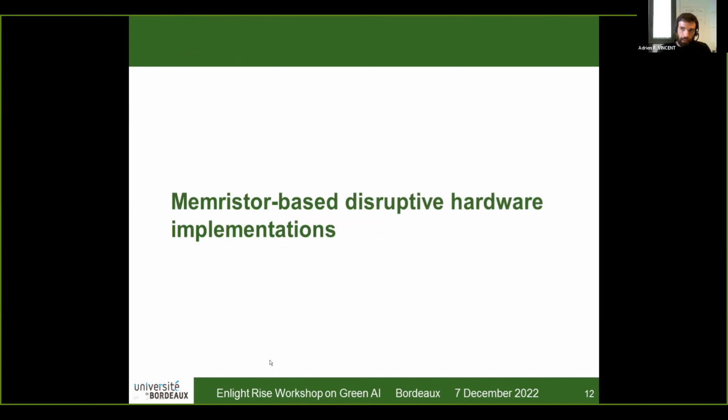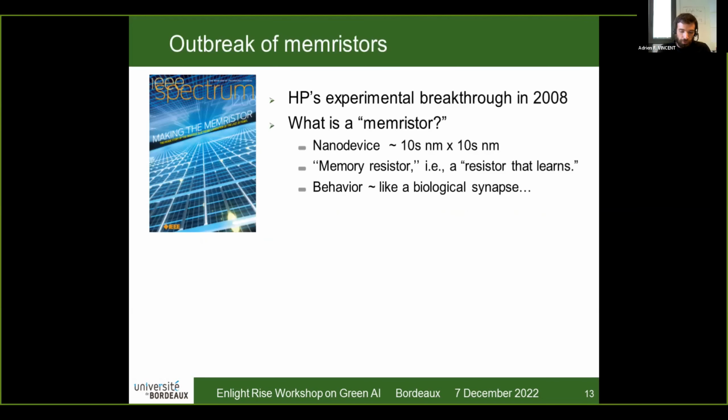And that's where innovative nano devices like memristors might be, or at least are, a good candidate. So what are memristors? Memristors were predicted in the 70s by Leon Chua, but were only experimentally found 15 years ago, let's say.